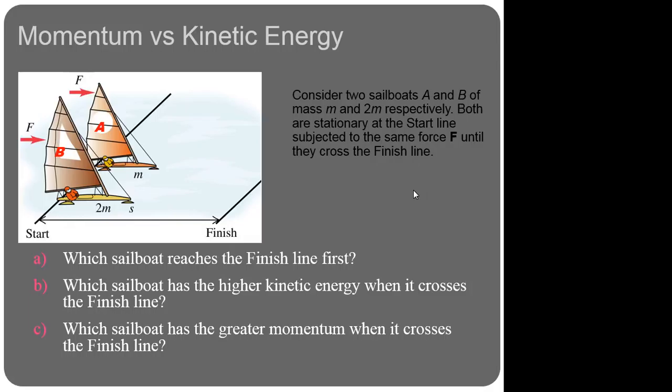Which one is higher? Or are they the same? All right, who says A? Who says B? Who says the same? Oh, quite a few say it's the same. Let's see if you're right.